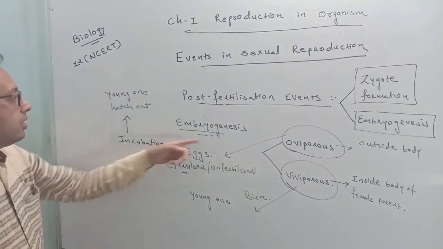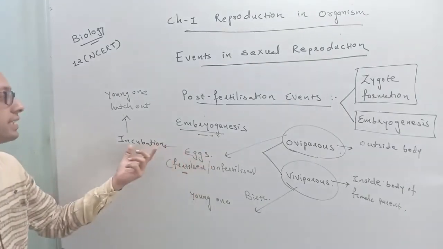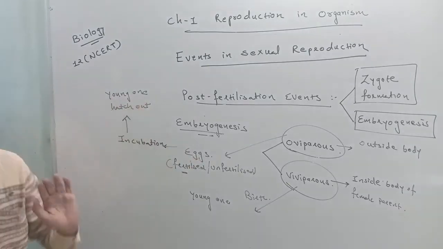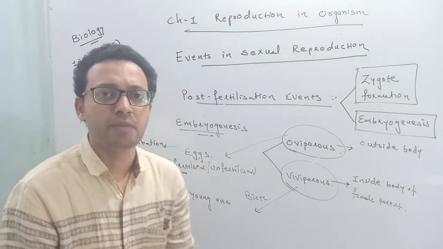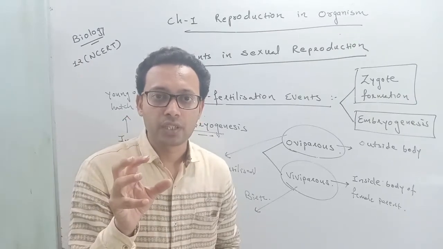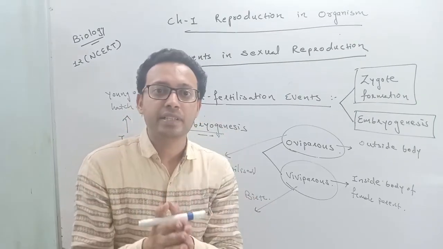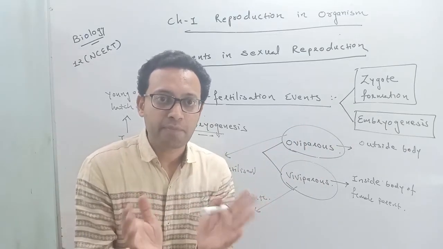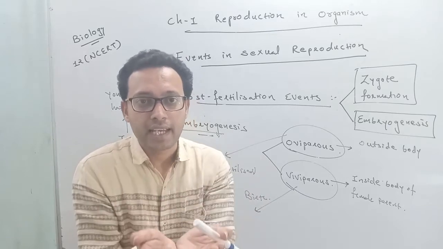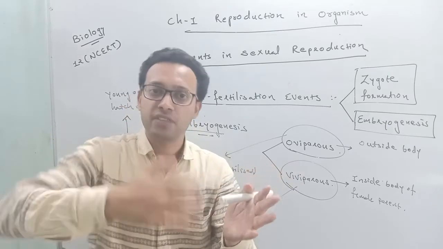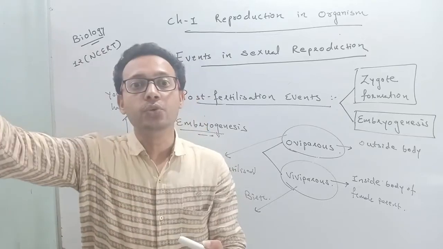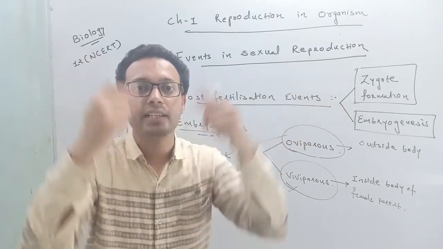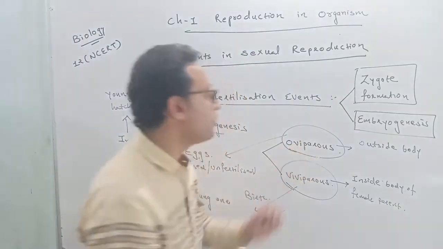Clear? Like you see in the case of a bird that gives an egg. These eggs are kept by their parent in a safe place. They undergo incubation, and after a certain period of time a new young one hatches out. It breaks the egg and hatches out. That happens in the case of oviparous animals.